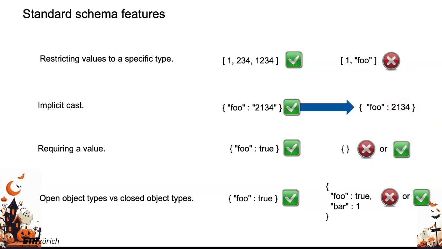All right, feature number 3 is you can require a value or make a value optional. So you can say this key is mandatory or this key is not mandatory, right? And what is the default, that's yet another design question, but you have control over that when you build a schema. Then you have control over allowing or not extra fields.